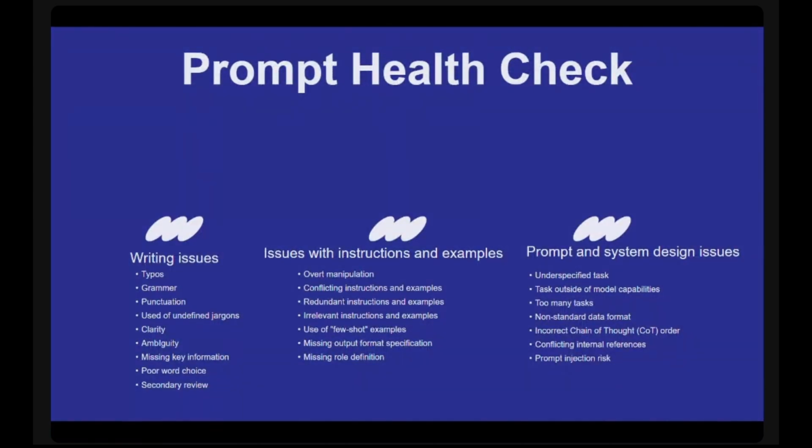Okay, so let's say your prompt is not giving you the best output, it is not giving you results, then there could be some issues. There could be writing issues, like typos, grammar, punctuation. There could be issues with the instructions and examples, as I told you before.